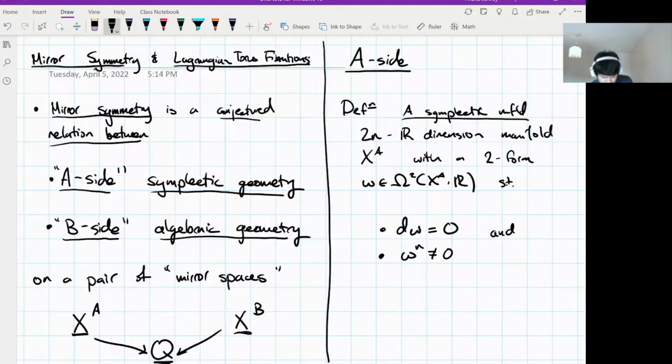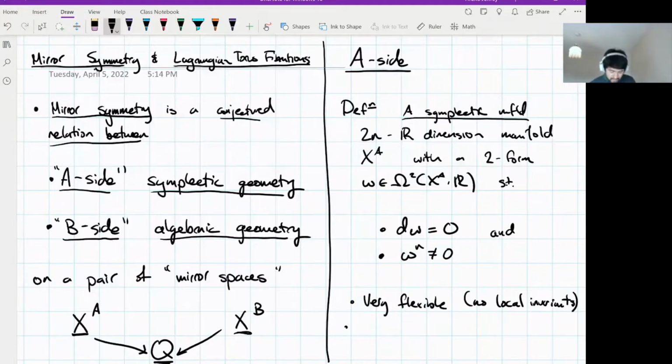These manifolds are very flexible in some sense, in that they have no kind of local invariance. Unlike if you were to look at, say, Riemannian geometry, where if you look at a small piece of a Riemannian manifold, you have an invariant, like the curvature, that distinguishes one point from a different point. The symplectic manifolds have no local invariance. Every point of a symplectic manifold looks like every other point.